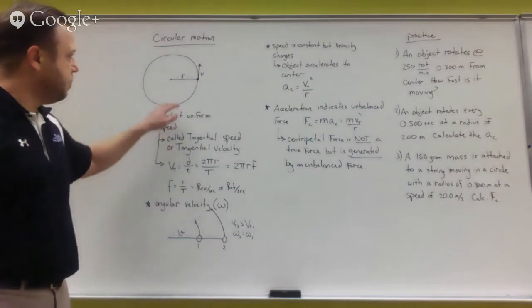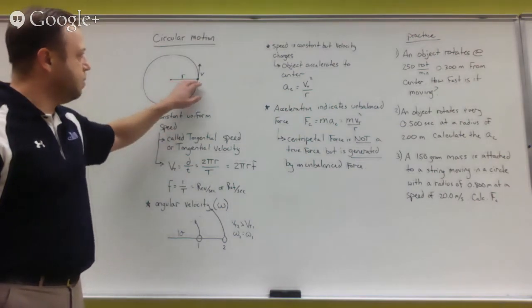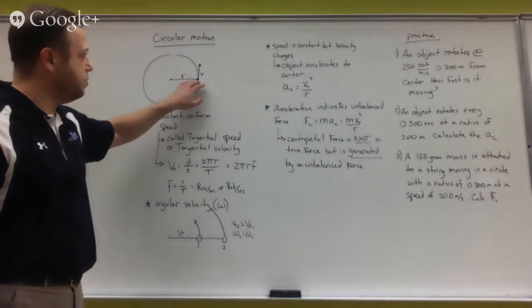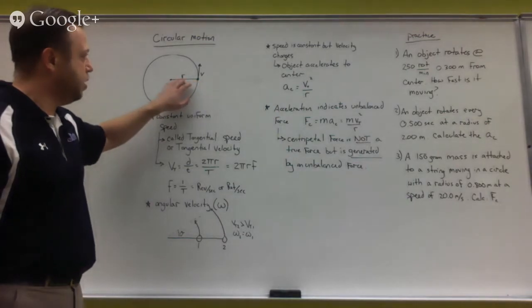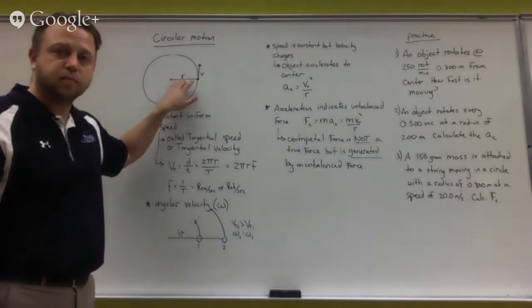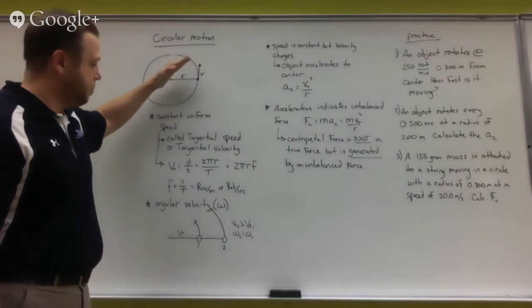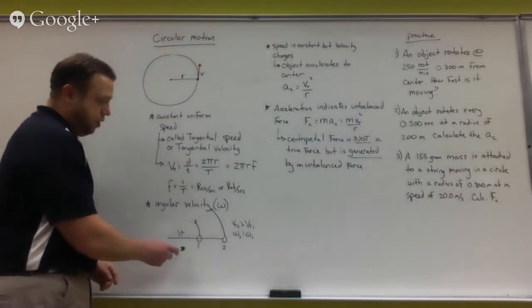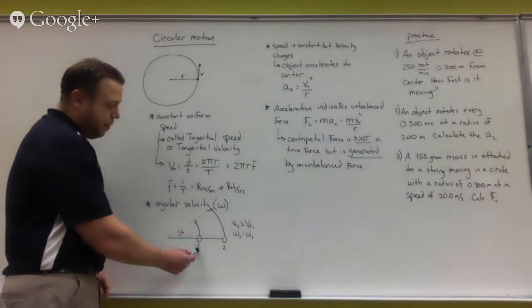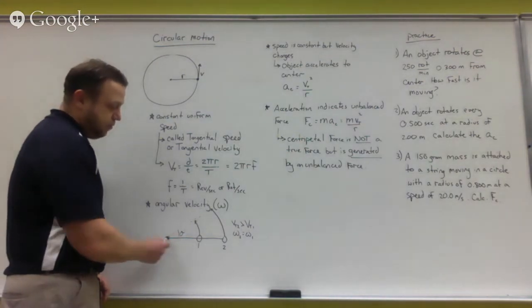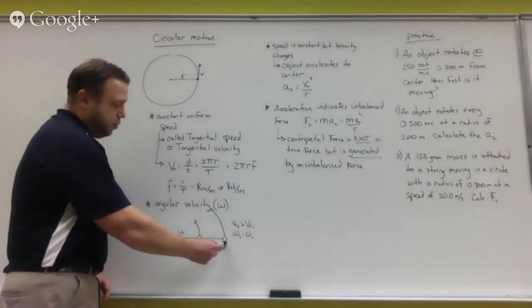If we imagine two objects, one on the outside at this radius and one on the inside at this radius, and I send them both through the same angle, we notice object 1 is at a smaller radius from the center than object 2.